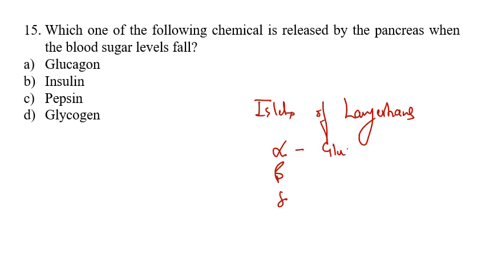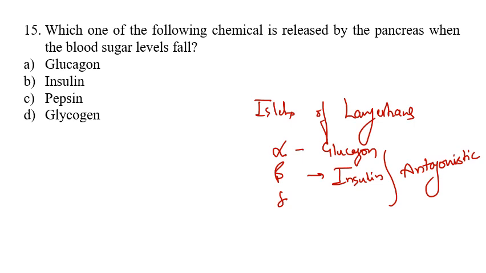So alpha cells secrete glucagon and beta cells secrete insulin. These two hormones are antagonistic to each other. Okay, that means they have opposite functions. The function of glucagon is to increase the glucose level in the blood, while the function of insulin is to decrease the glucose level in the blood.